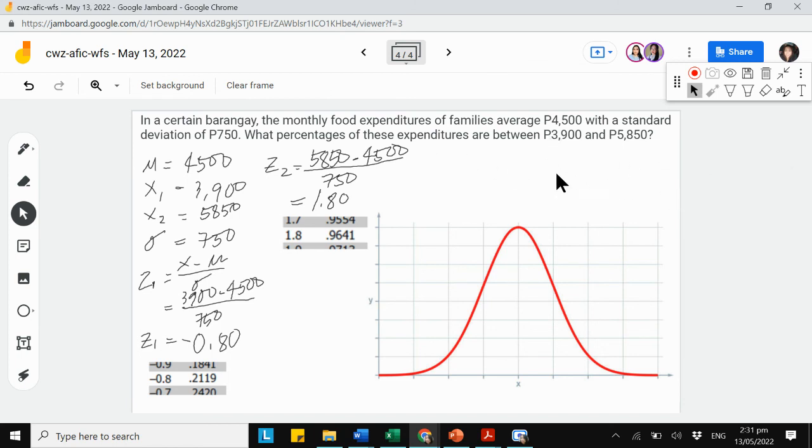Since we're talking about between, we're going to subtract them both.